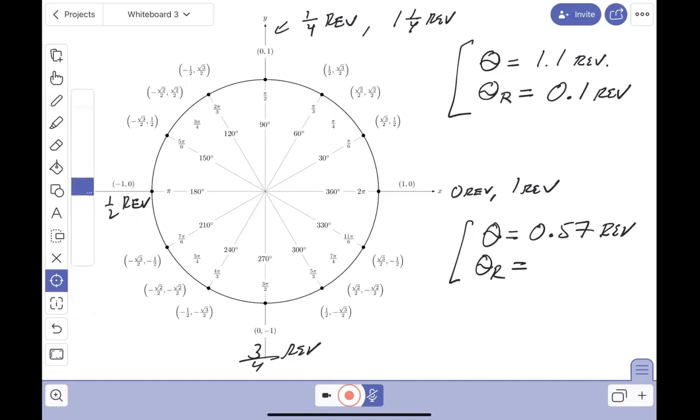You're rotating. Now, what are you rotating? 0.57. So what are you doing? You're here. That's 0.25. That's 0.5. That's 0.75. Where's 0.57? Over here somewhere. So what's my reference going to be? Well, you go 0.5, you have to go 0.07 more. Put this over here.